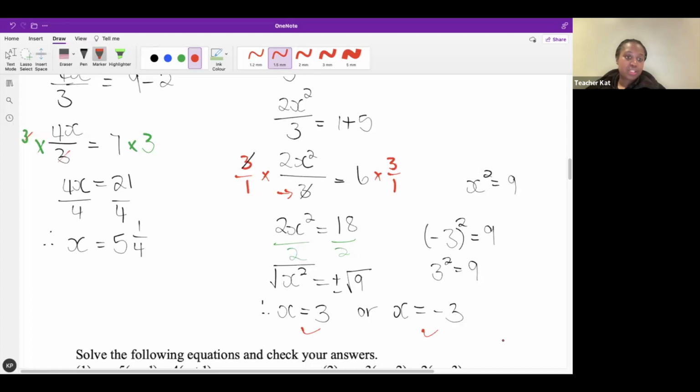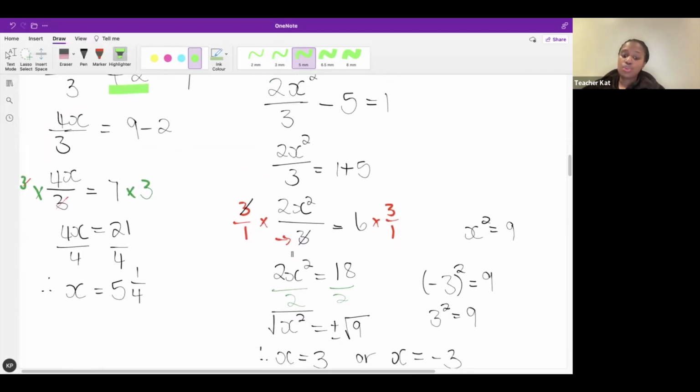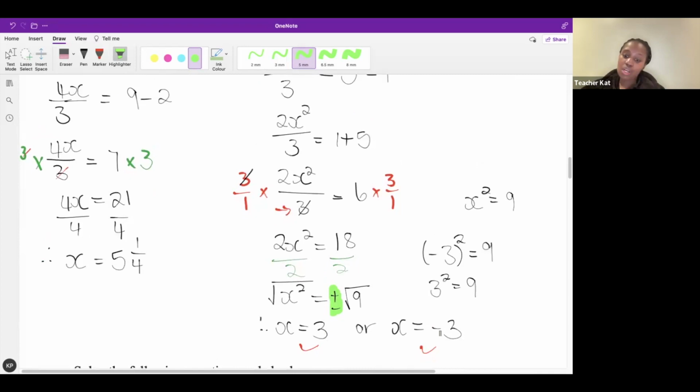Every time you introduce a square root, there was no square root in the question, we put the square root there. You have to say it's plus or minus. Please don't lose a mark by missing out on the solution. X squared equals 9 has two possible solutions, so we must cater for the two possible solutions every time.